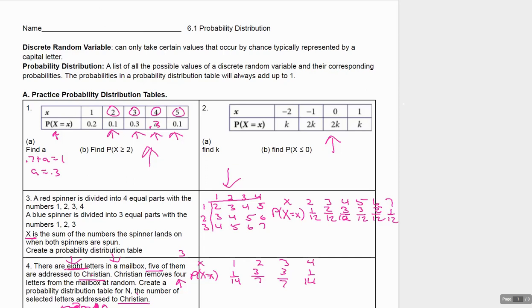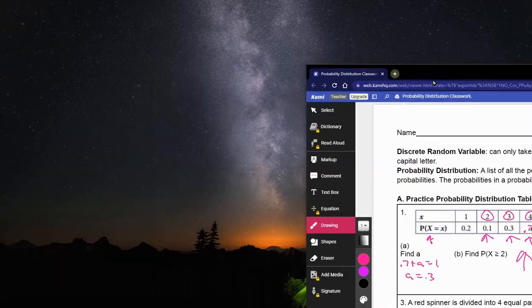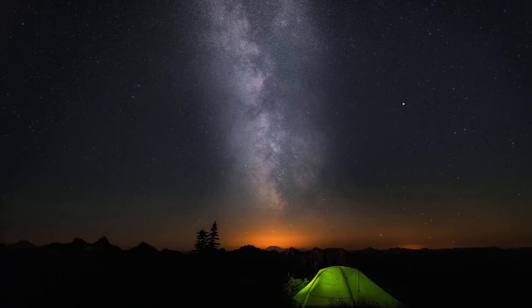For 6.2, I have part A, but I haven't done anything for the expectation and variance part. So can we do a few of those? 6.2. Yes.